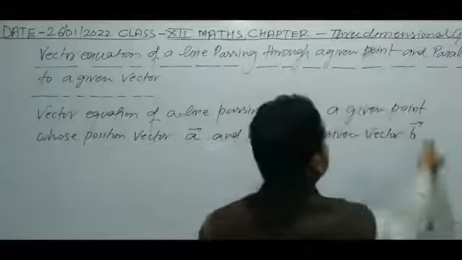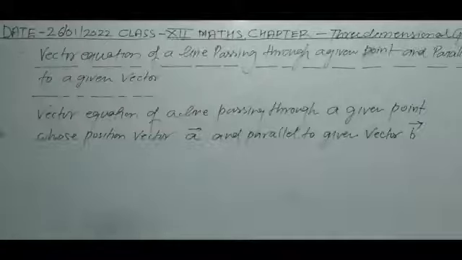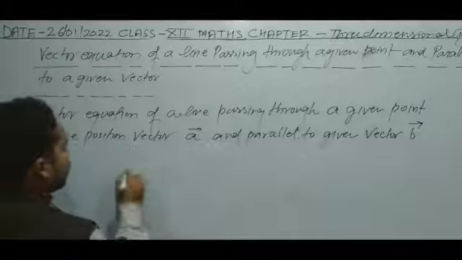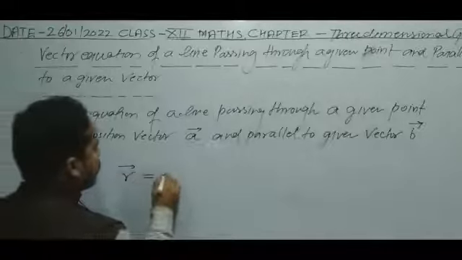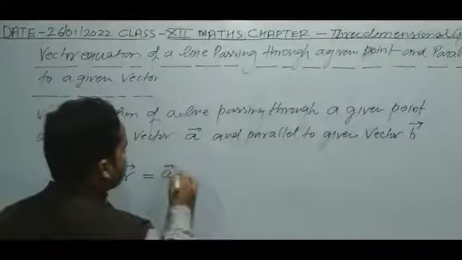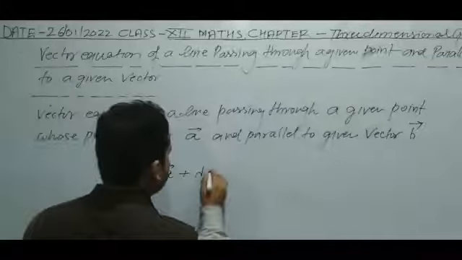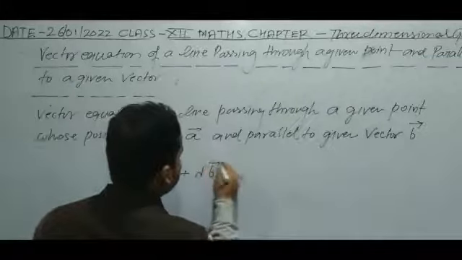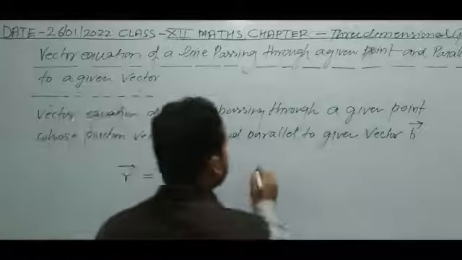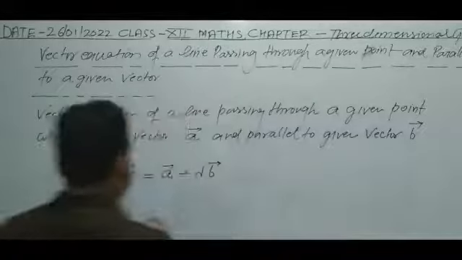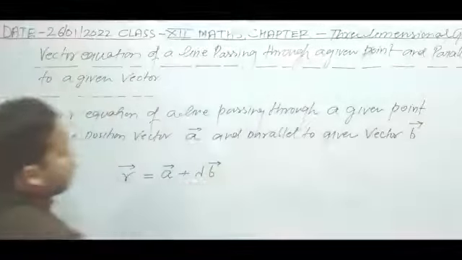So what will be the result and what will be the equation? This is vector R is equal to vector A plus lambda times vector B, where lambda is any scalar.